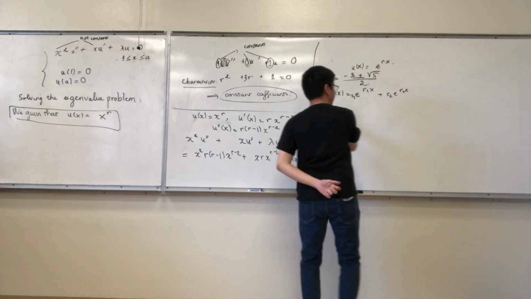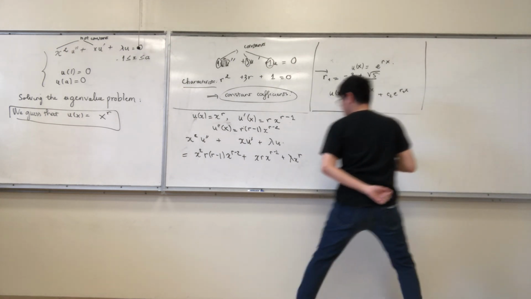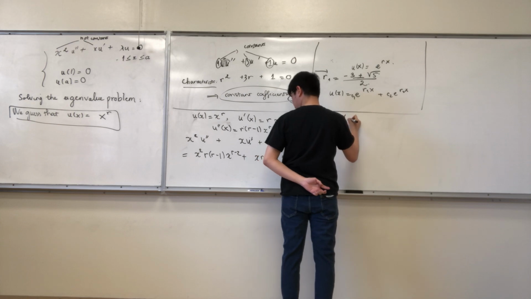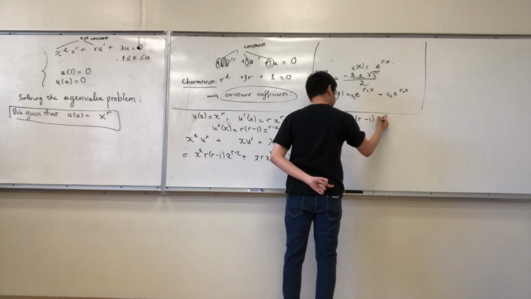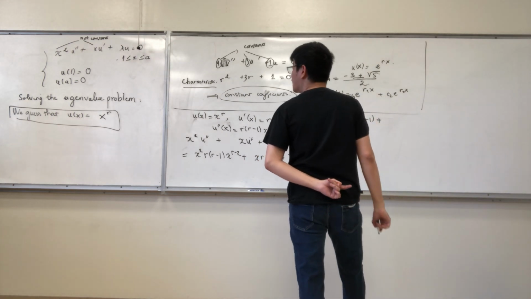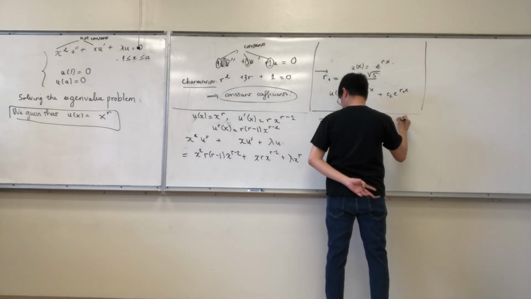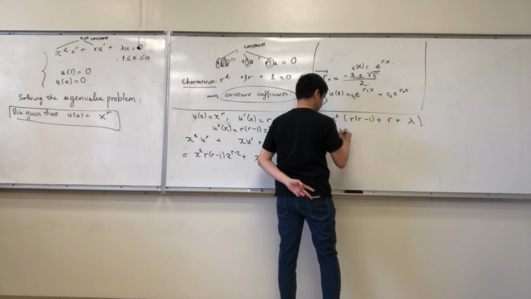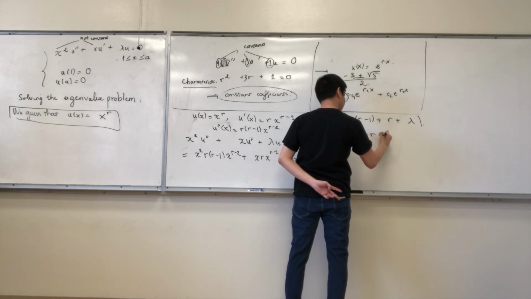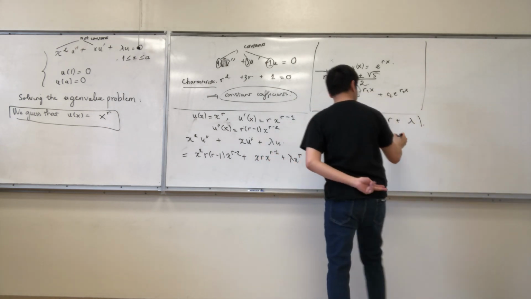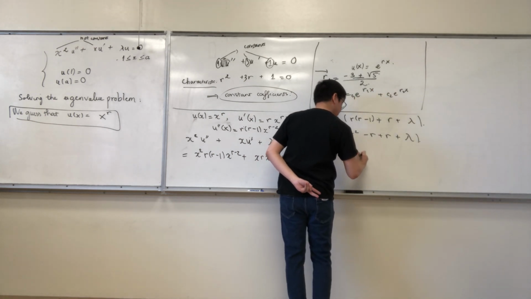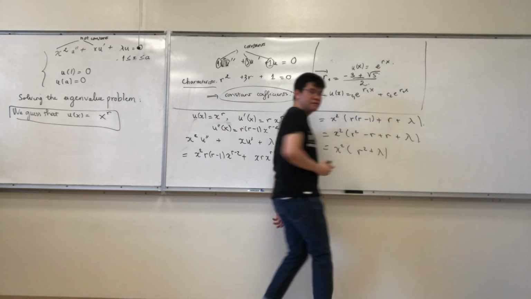And this gives you x to the r times r times r minus 1 plus r plus lambda. This is x to the r times r squared minus r plus r plus lambda. So this is r squared plus lambda.